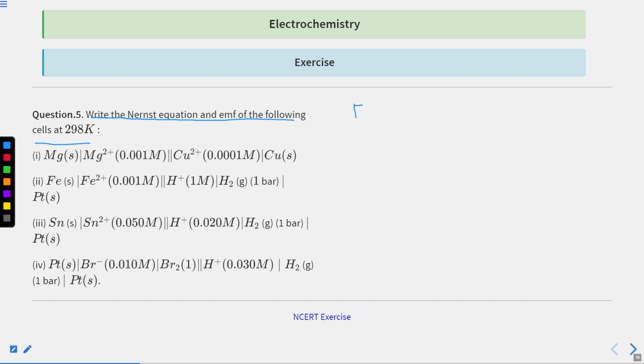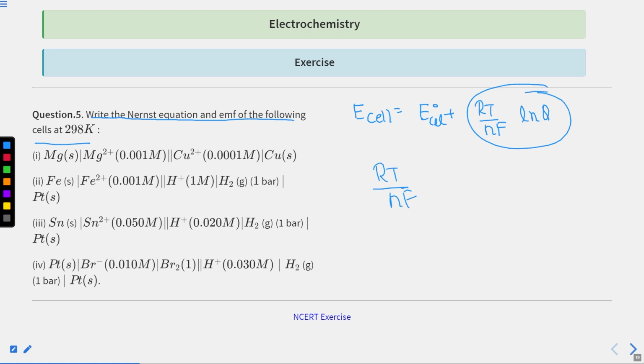It goes as E cell is equal to E naught cell plus RT by NF ln Q. Now let us concentrate on this term first and simplify it. RT by NF ln Q can be written in terms of log Q, so this is 2.303.